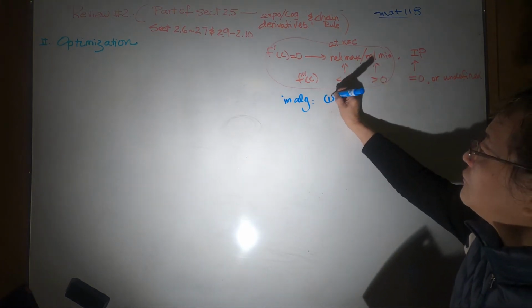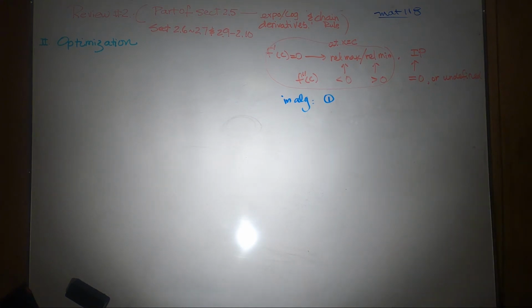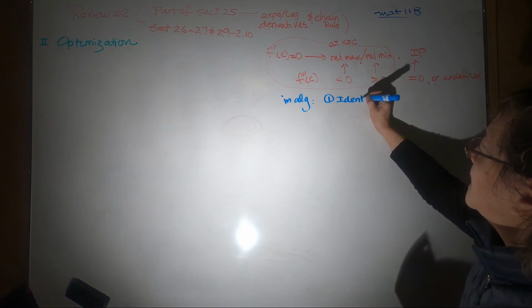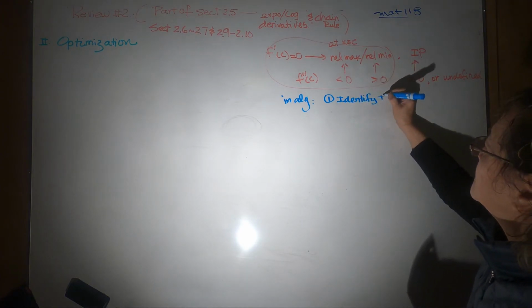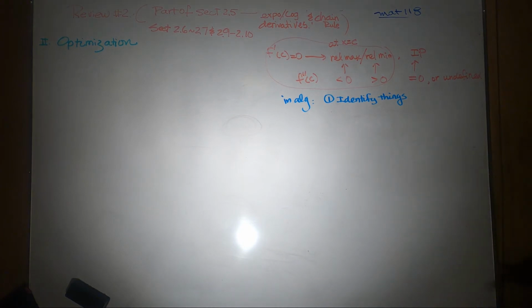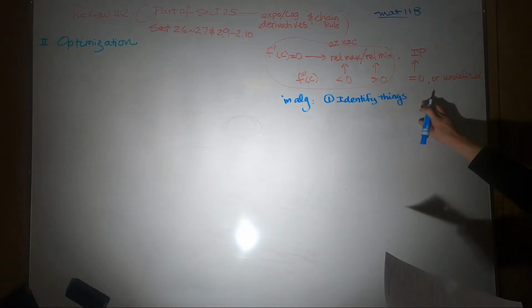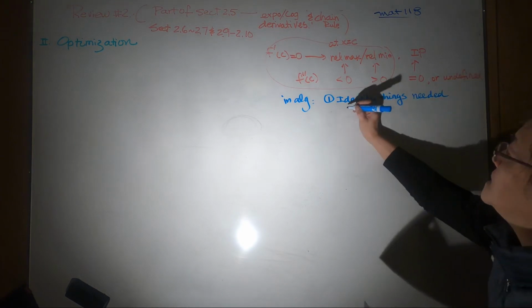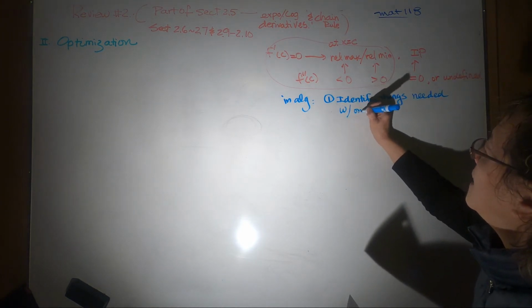So how do we solve a word problem? First, we will do what? Identify the things needed. We need to solve problems, so there must be some kind of question. For the things we don't know, we use x, right? And we identify the things we need with only one variable.